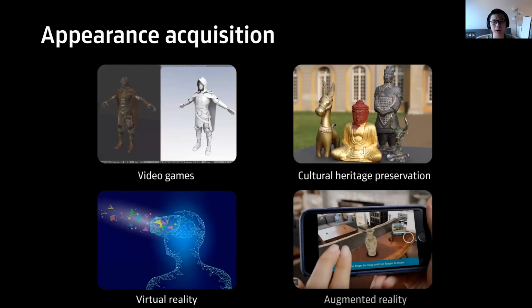Acquiring the appearance of real-world objects and scenes has been a long-standing problem in computer graphics and computer vision. It has abundant applications in many fields, such as video games, cultural heritage preservation, virtual reality, and augmented reality.